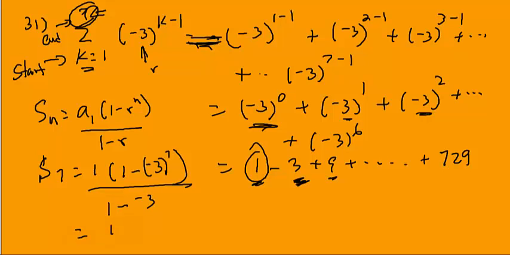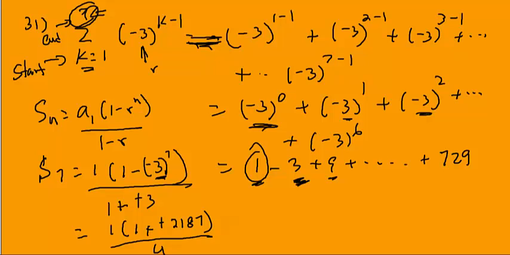Let's clean this up. I have a 1 times 1 minus a negative 3 raised to the 7th power. That's going to give me 1 minus a negative 2,187, and all that's going to be over 1 minus negative 3. Two negatives here will become positive, which is a 4.